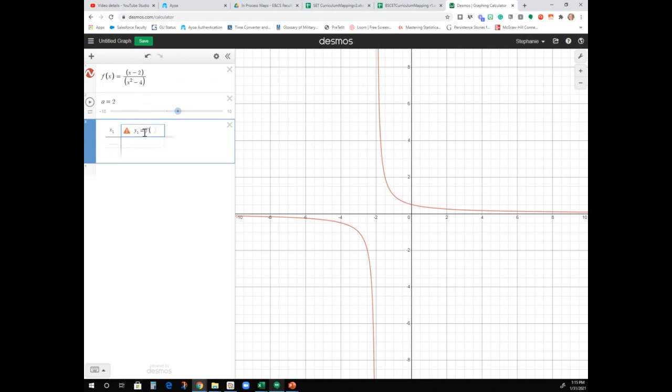If I say equals f of x and then underscore 1, I can replace my y1 with f of x1, so it can use this function here, and then we'll use whatever I plugged in for x here.